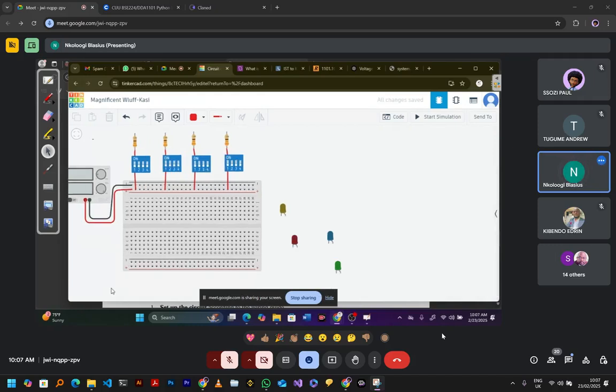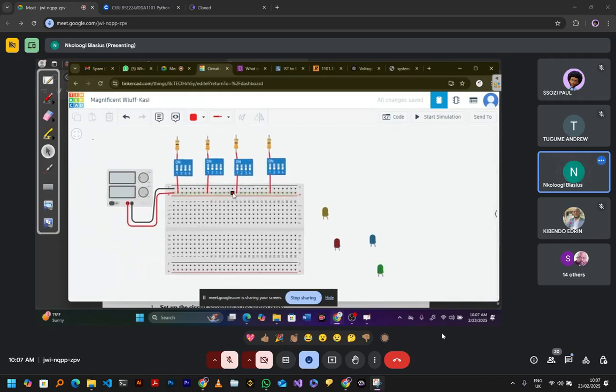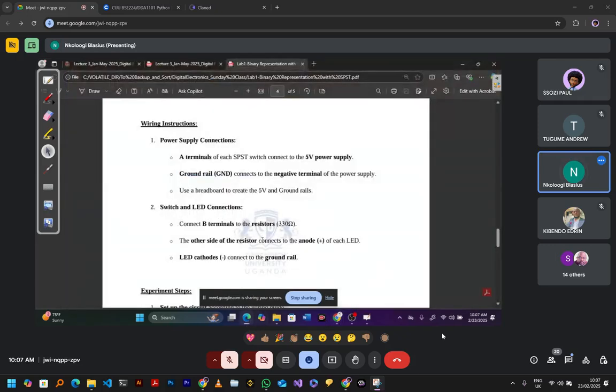Next thing, I need to connect the other side of the resistors to the anode of the LED.